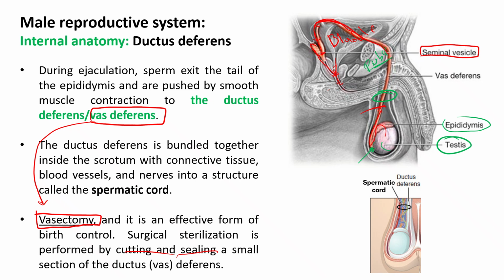So basically, we'll have the fluid, but with no sperm. For the purpose of your classes, just make sure that you know that this surgical procedure in which both vas deferens are cut is called vasectomy.